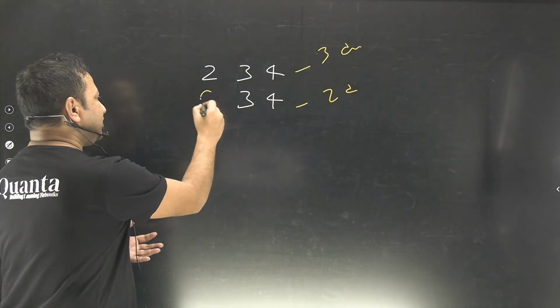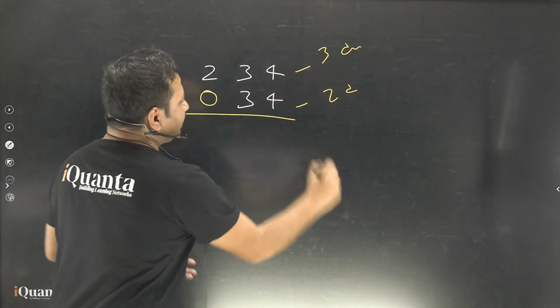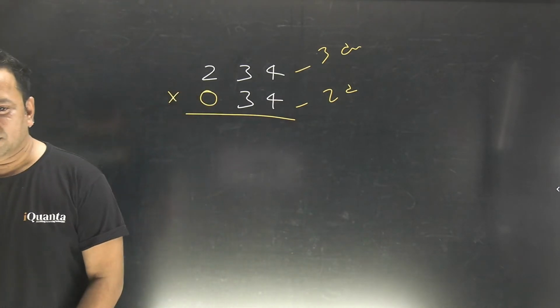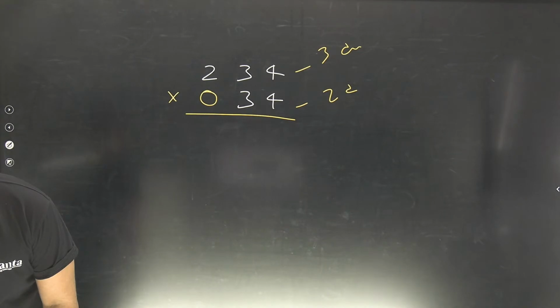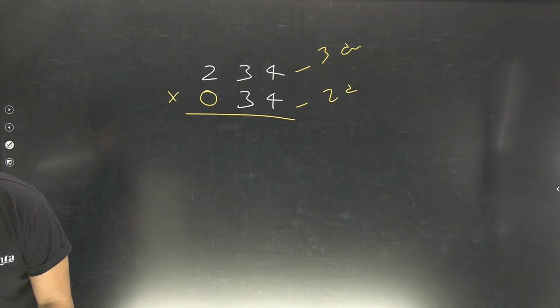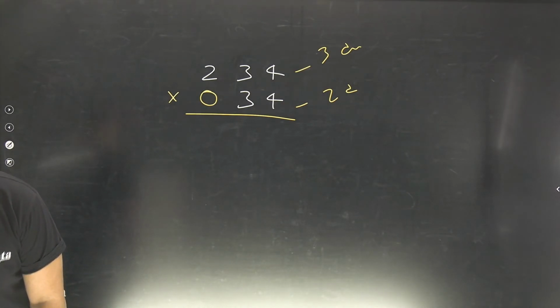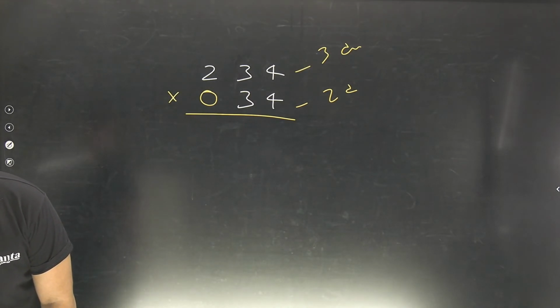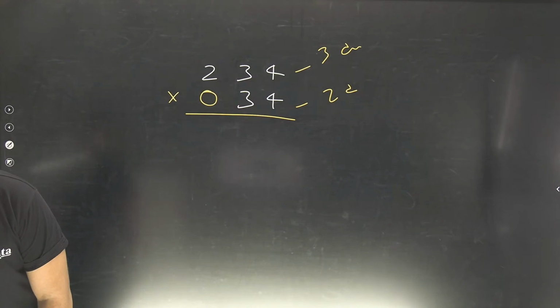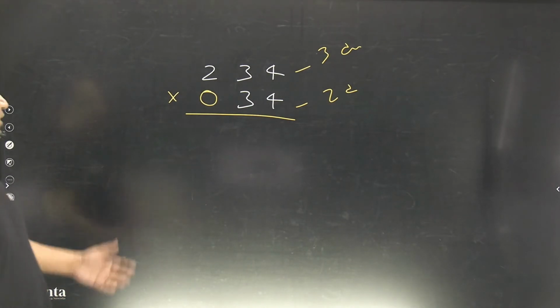Just by putting a 0 over here. And that's it. Both of them become 3-digit. Clear? I think a lot of you have already understood that. Put 0 in the beginning and do the rest in the same way as for 3 digits. Zeus, yata hai. Well done, very good. Okay, so this is how we can do it.